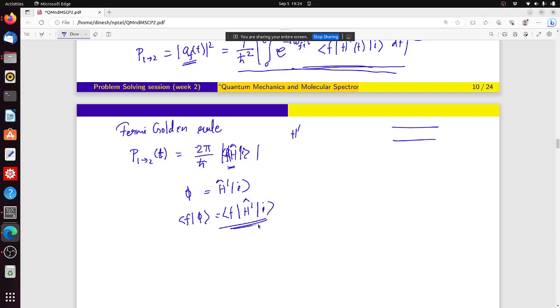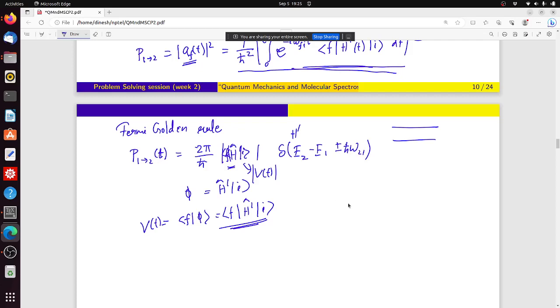So this quantity, let's call this b of t. So this is mod b of t, times the Dirac delta function, which will be E2 minus E1 plus h cross omega.